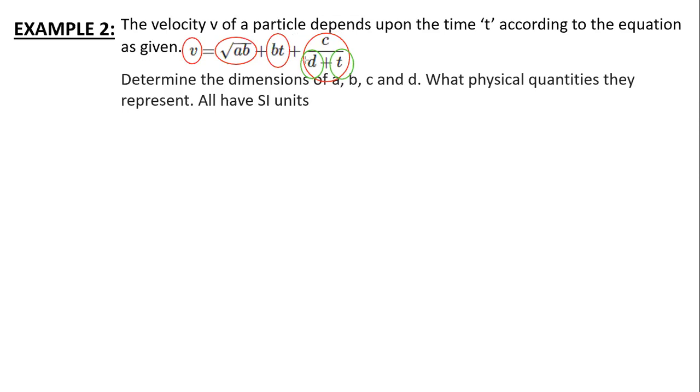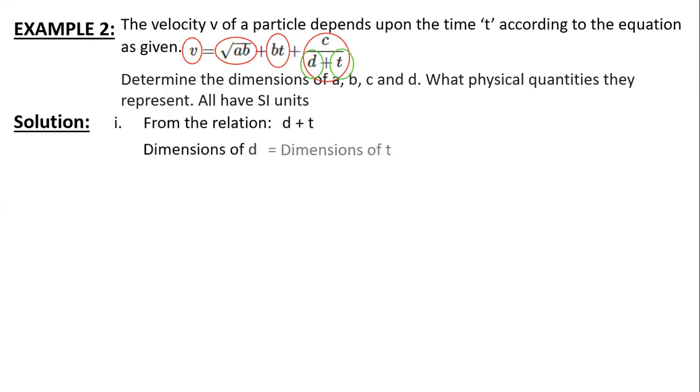So if D and T are added, both the physical quantities should have the same dimensions. So dimensions of D and dimensions of T are the same. T is time, which is M0 L0 T1, so D will also be the same. So first, the dimensions of D you got.